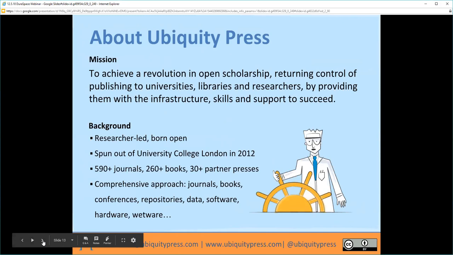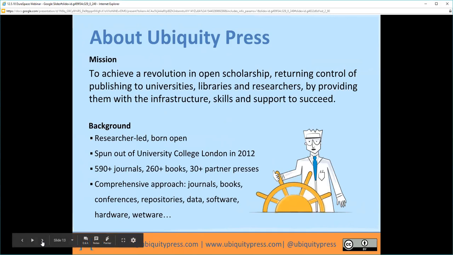And really our mission is to try and bring about a sort of revolution in open publishing by making our platform available to universities and libraries and societies to use, and giving them the capacity to publish themselves, so that we get away from a model where publishing is controlled by large organizations that monopolize resources and funding.